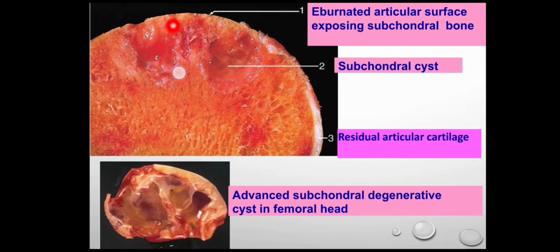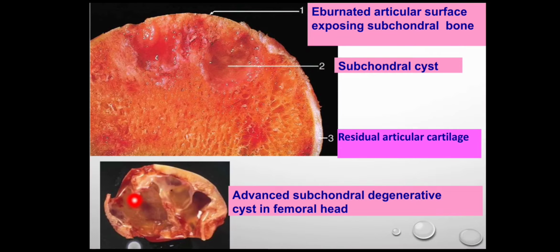So finally we have an eburnated bone in the late stage of osteoarthritis, which is smoothened subchondral bone. This is the left out articular cartilage. So in the smoothened articular bone, there will be minute fractures in the subchondral bone leading to resorption of the bone, and the synovial fluid might enter into the subchondral spaces leading to formation of subchondral cysts.